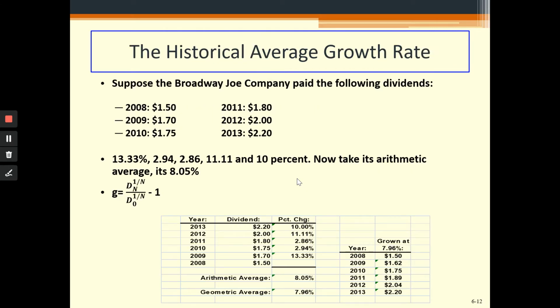For example, there is a company, and they have given this dividend in the past. In 2008, $1.5, 2009, $1.70, all the way to 2013, $2.20. So we will see how they are growing and simply take the average. This is the arithmetic average.